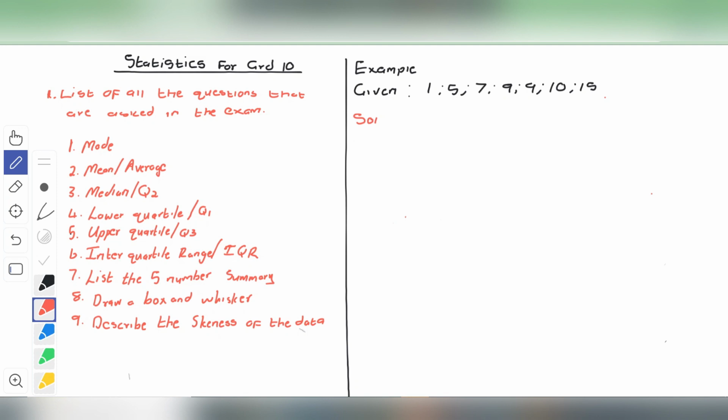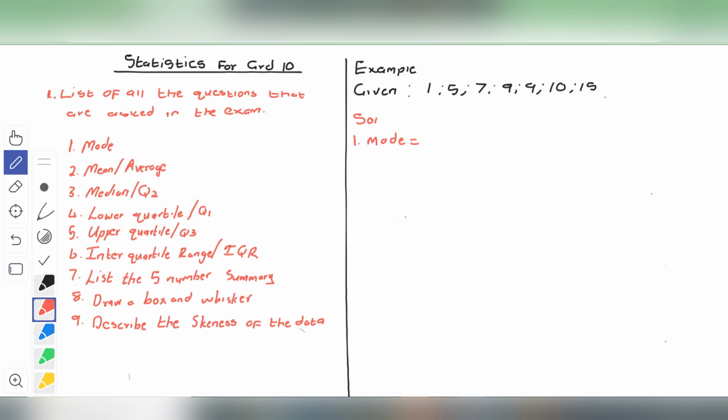We're given the example here, which is 1, 5, 7, 9, 9, 10 and 15. We are going to use this example to solve these questions from 1 to 9. The first question is to determine the mode. The mode is the number which occurs the most.